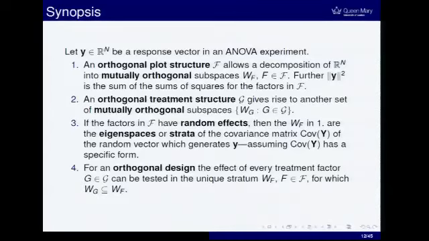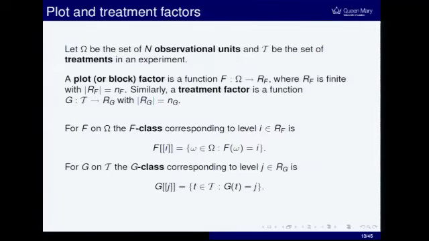Now, as I said, this section is a big quote, so I'm just trying to mention some of the elements of the theory which are needed. So we start out with a set of n observational units, and because I'm adhering here to Rosemary's theory, this is denoted by capital Omega, and a set curly T of treatments in the experiment.